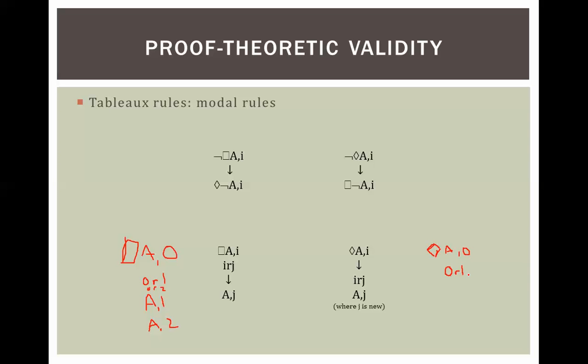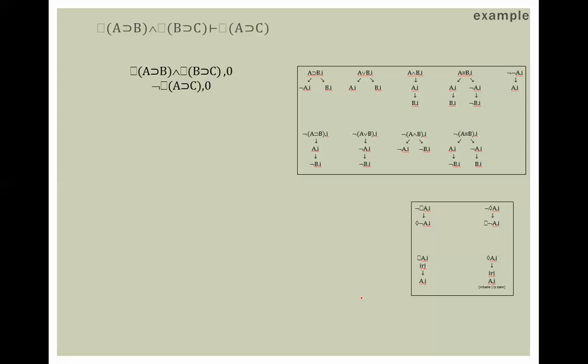It doesn't really matter what you label the worlds. We want to go in order of number just to keep ourselves straight, but it doesn't change anything if you call the world 20. All right, so 0 is related to world 1, and at world 1 A is true. So A at 1.